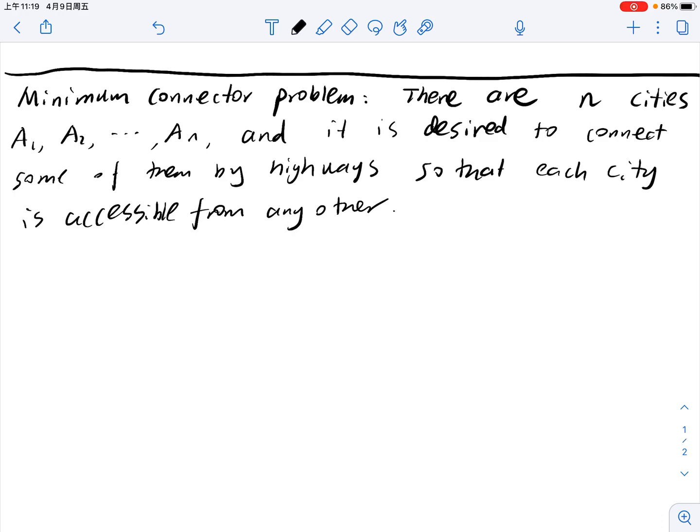So we can do the following mathematical formulation.